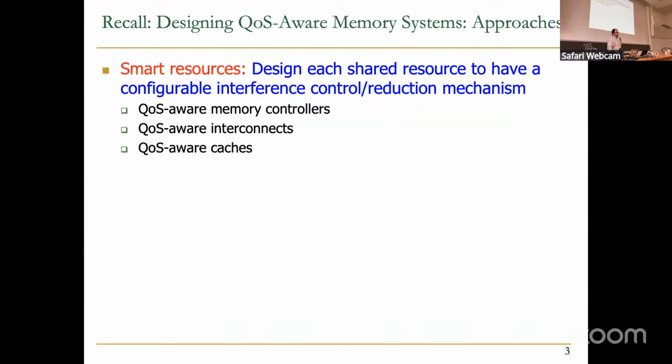We discussed having smart resources, essentially making each resource aware of the interference. Each resource is going to be intelligent enough to manage and lower the interference. It can be the memory controller, interconnect, caches, storage controller, and so on.